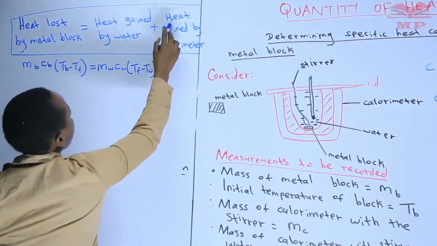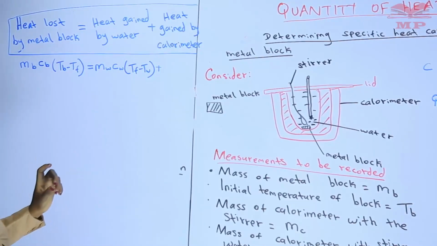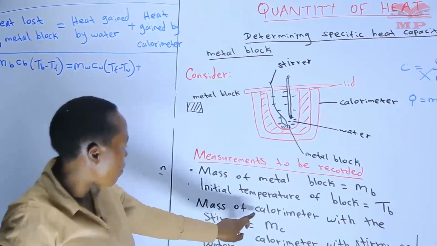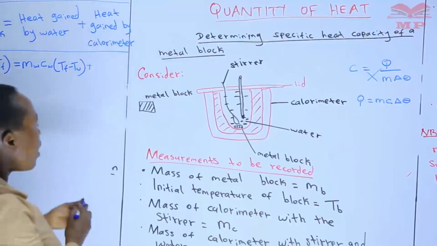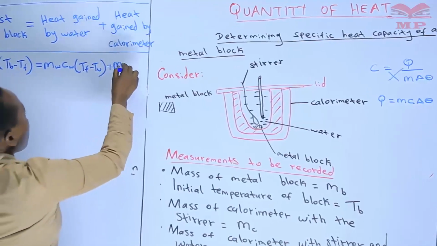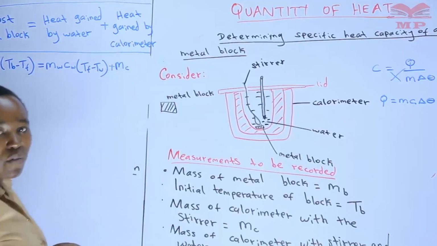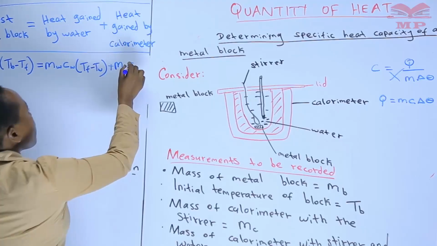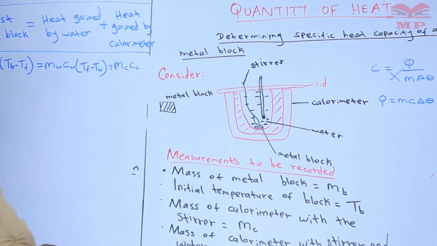Finally, plus heat gained by the calorimeter. Again, heat gained will be given by the mass of the calorimeter. There is somewhere where we have the mass of the calorimeter with the star. They are together. So we have the mass of the calorimeter times the specific heat capacity of the calorimeter, which should be given, times the change in temperature.